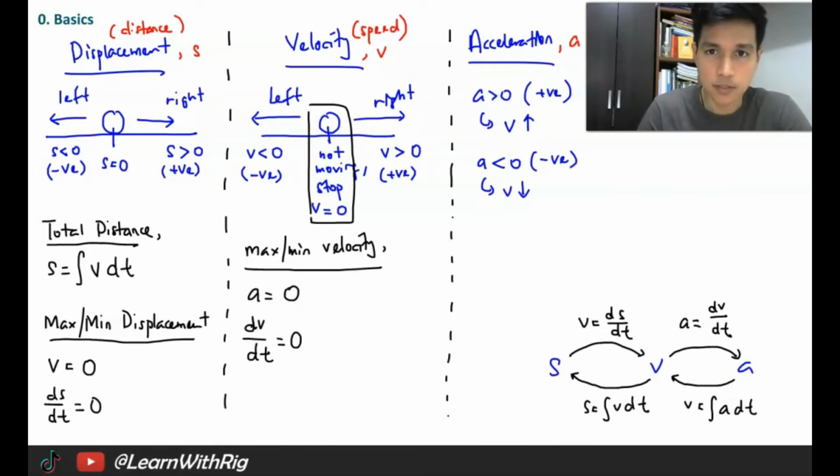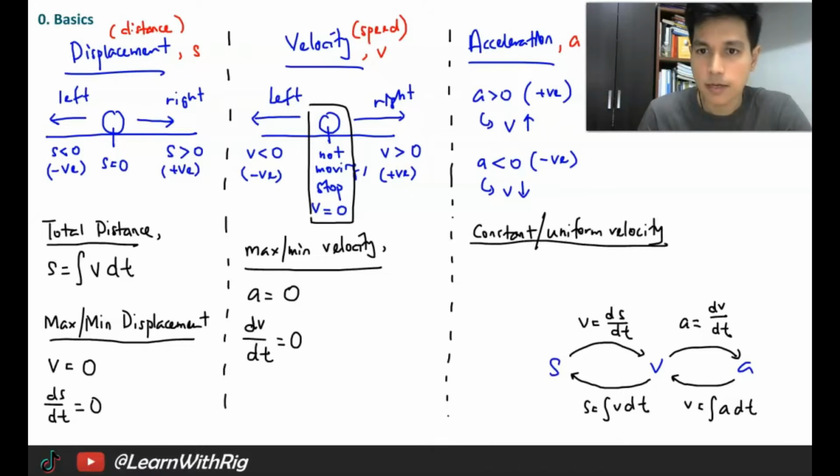So now what about acceleration? What they can do is tell you, for example, the particle moves at constant velocity, or uniform velocity. They are the same thing.